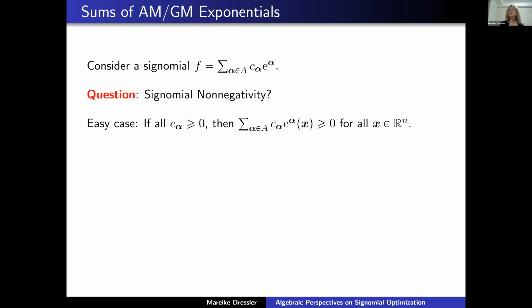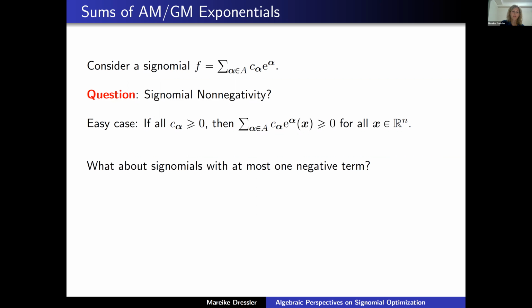So this is super easy. So let's think about the next easy case, namely we have a signomial where only one coefficient is negative, or at most one negative term.